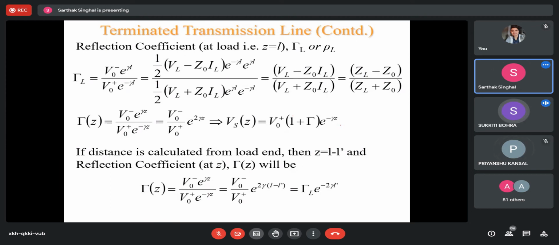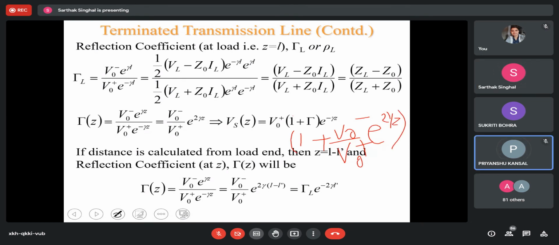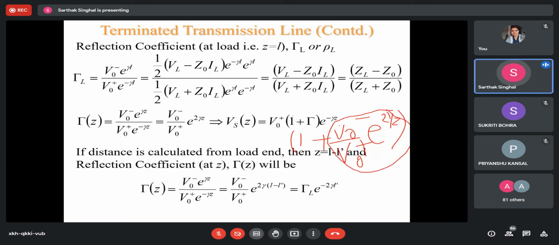And the second term will be V0 minus upon V0 plus e to the power 2 gamma z, right? So this term we can replace with simply gamma, the reflection coefficient, right?